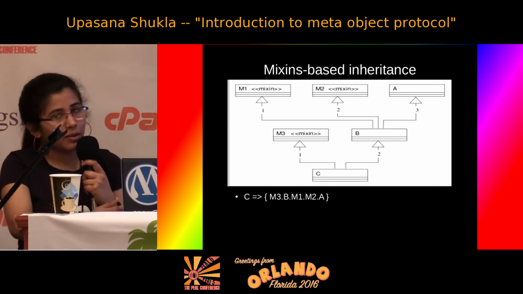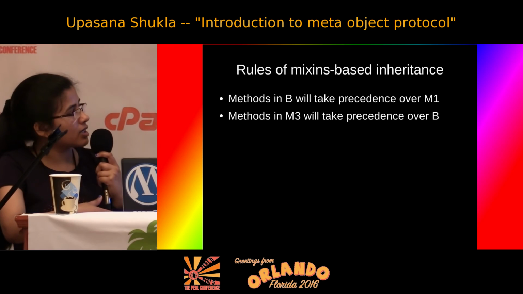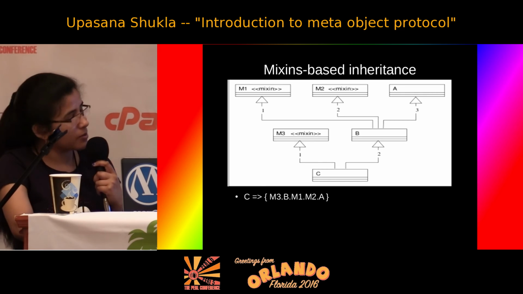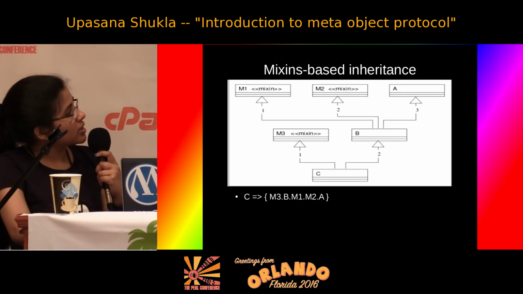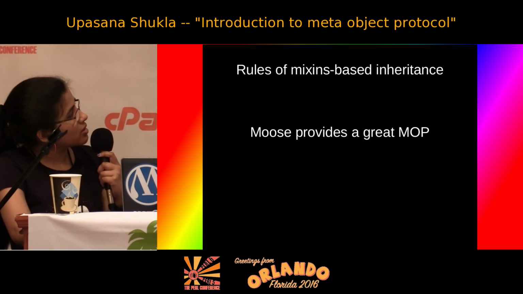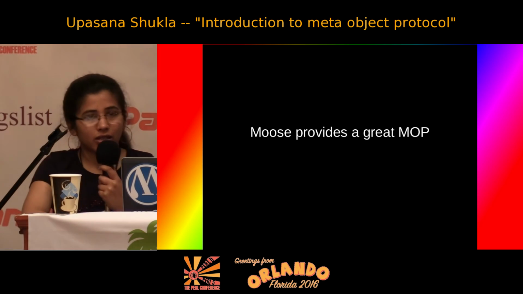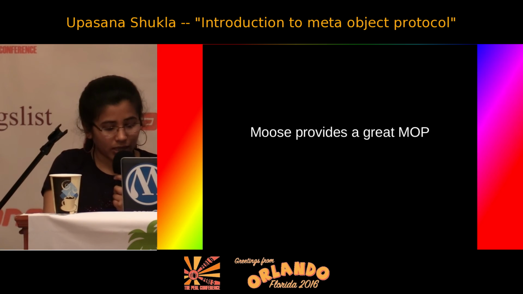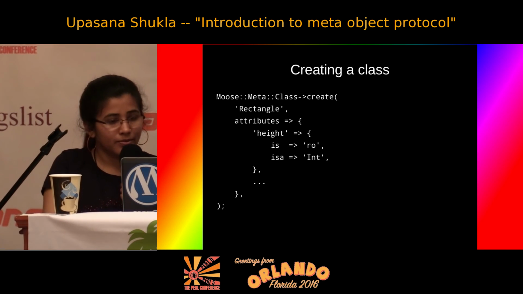Again, that same rule: if B and M1 have a method with the same name, then the method in B will take precedence. And methods in M3 will take precedence over B. Same rule. So that's another way of solving the metaclass incompatibility problem.